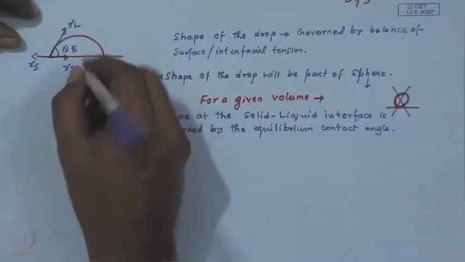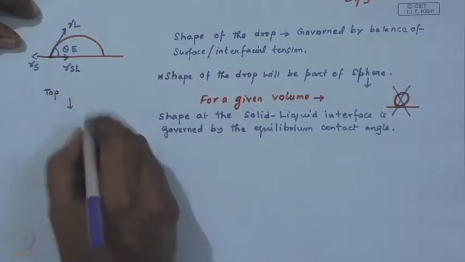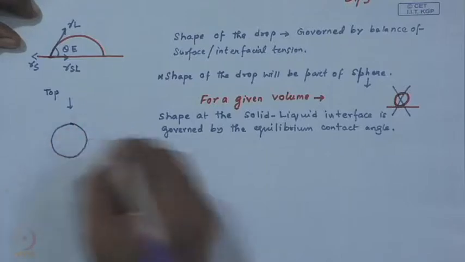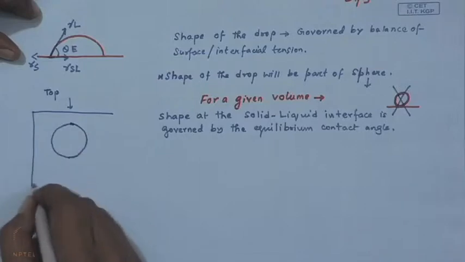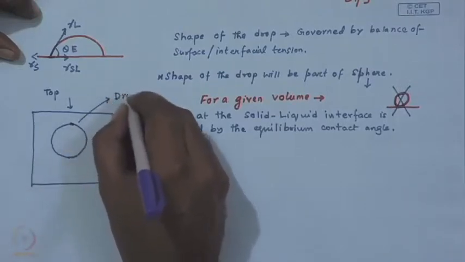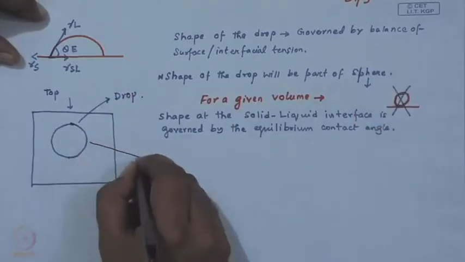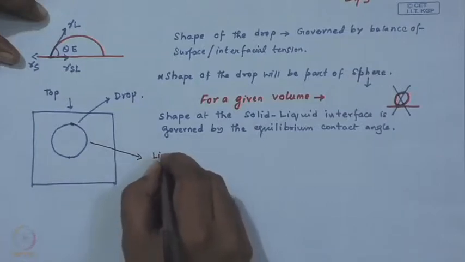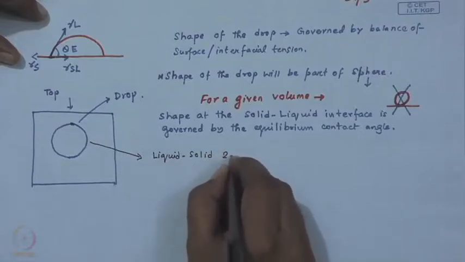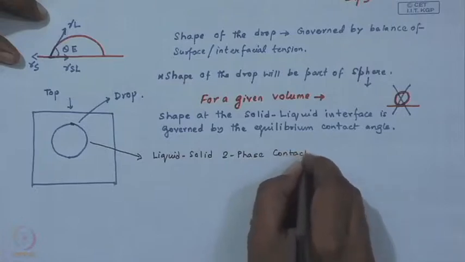So for a definite volume, if you now see from the top, you would see the droplet to be like this. So this is the drop. This is what is known as the liquid solid two phase contact line.